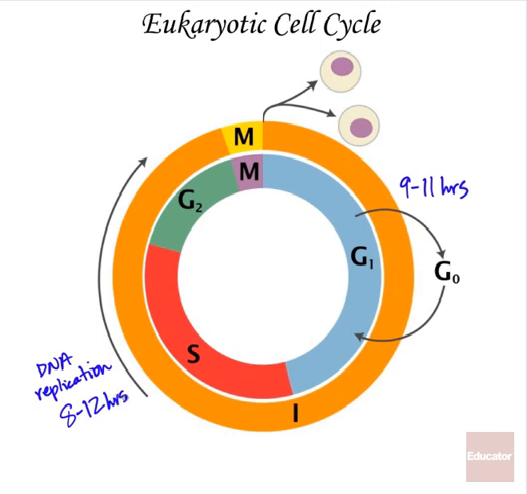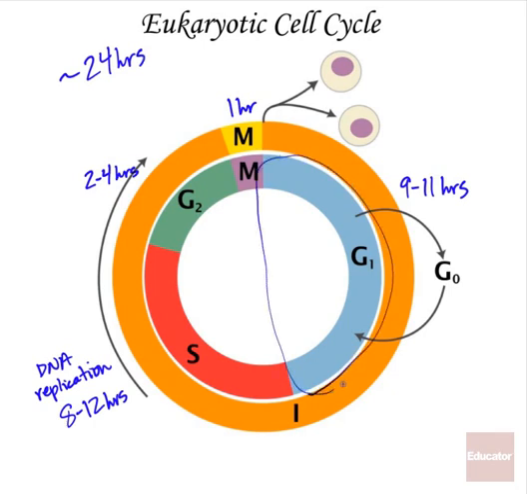G2 phase, another growth phase, is about 2 to 4 hours. And then mitosis is about 1 hour. And so the normal human cell will divide on average about every 24 hours. And G1 is going to be the most variable timing of that stage.